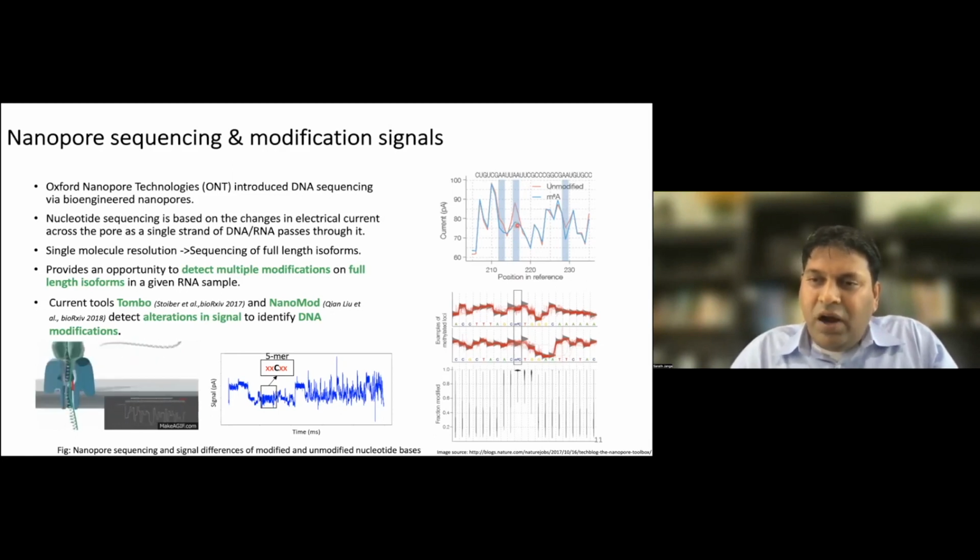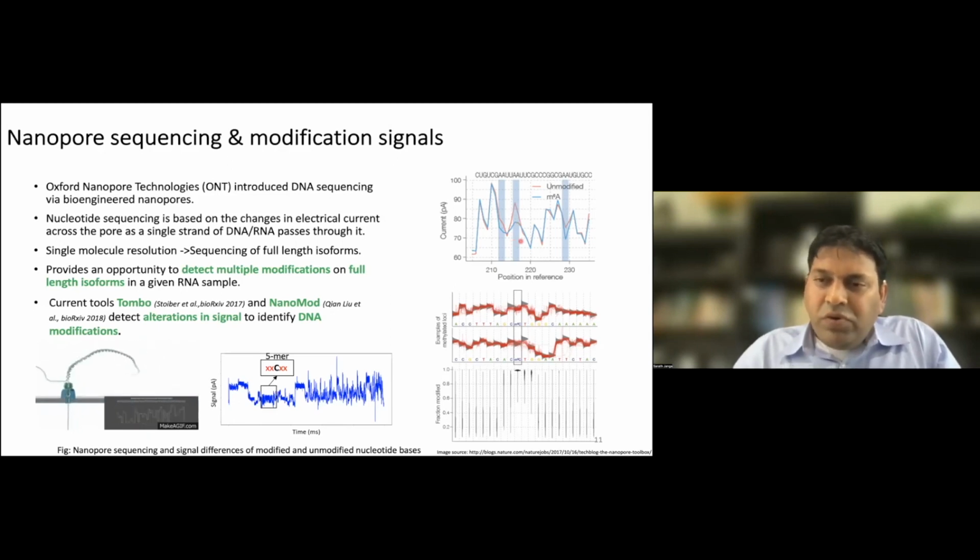You can see that the unmodified position has a higher current signature compared to an m6A position at the same point. So there is a difference, but you need a good chunk of samples to actually start modeling. One of the tools that we developed is called Sequoia, for visualization of signal features where current differentials can be identified.